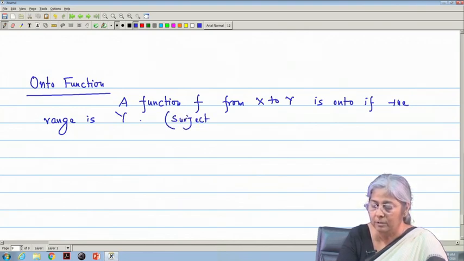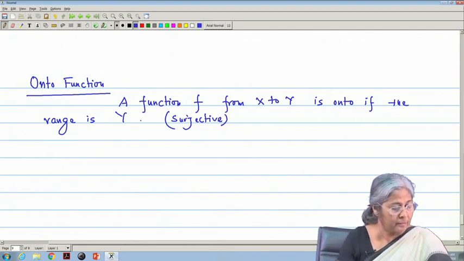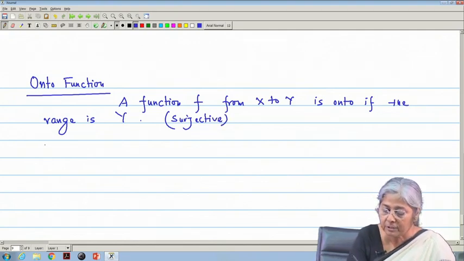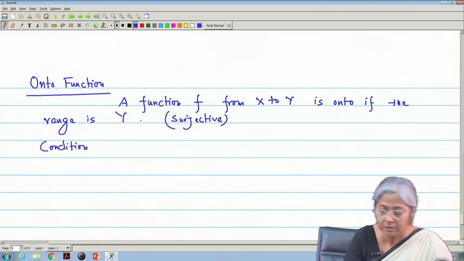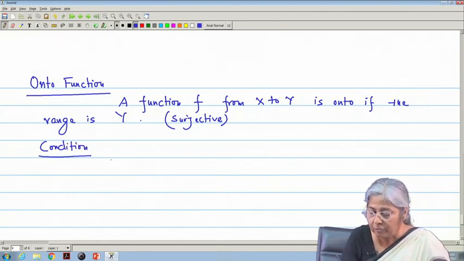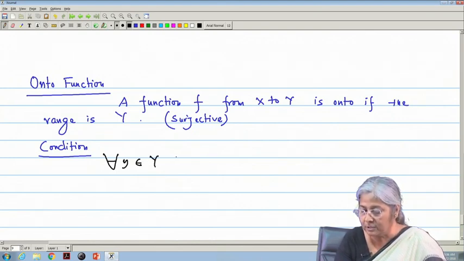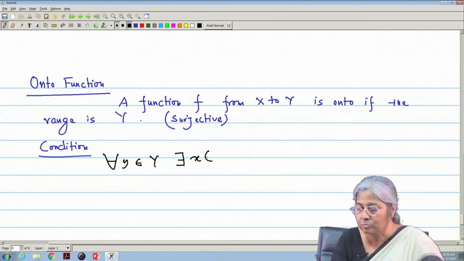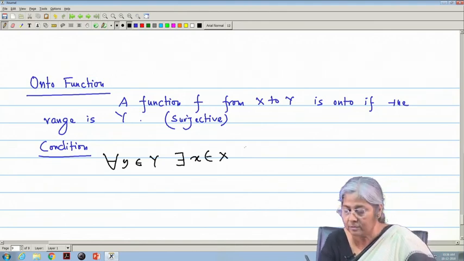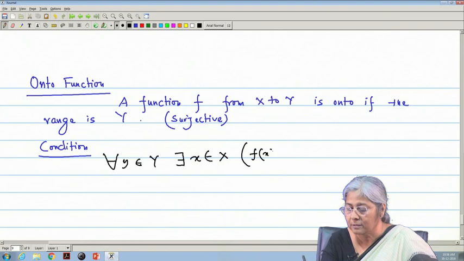It is called the surjective. And what is the condition to be satisfied? The condition is, for all y belongs to Y, because this is my range, there exists x belongs to X, such that f of x equal to y.